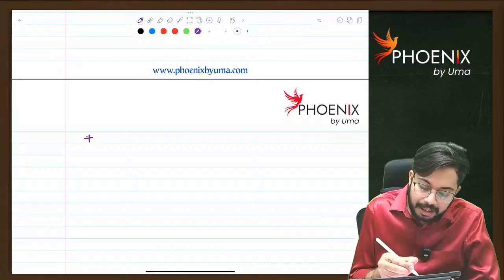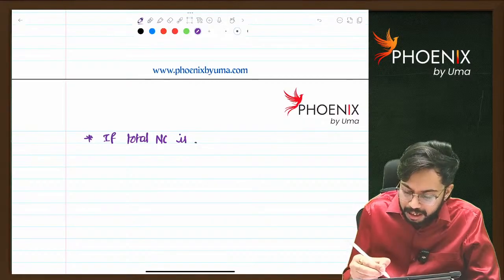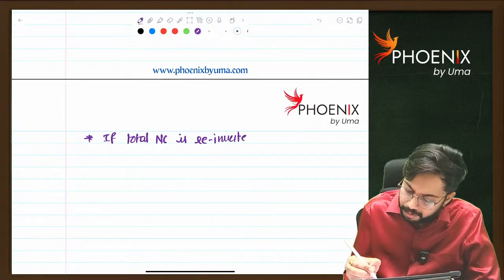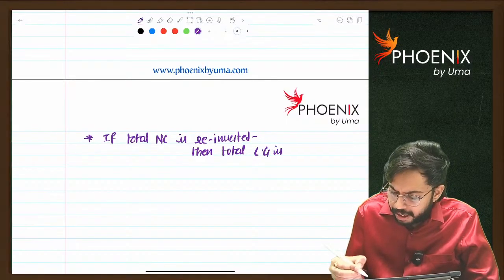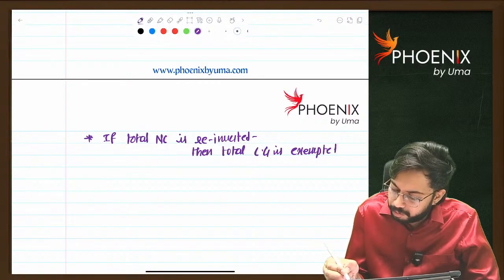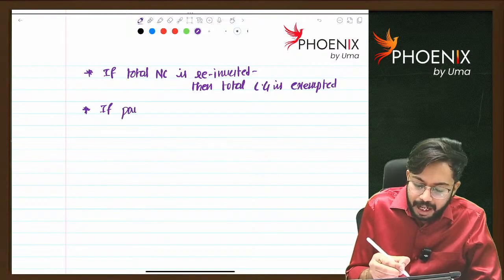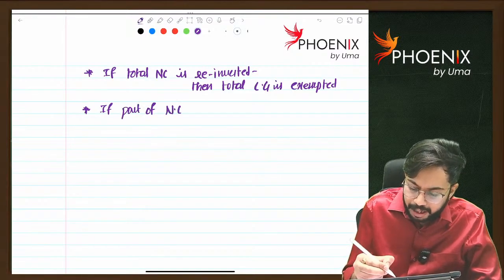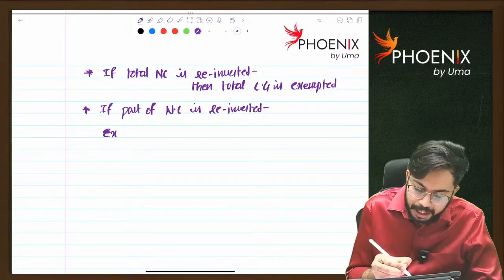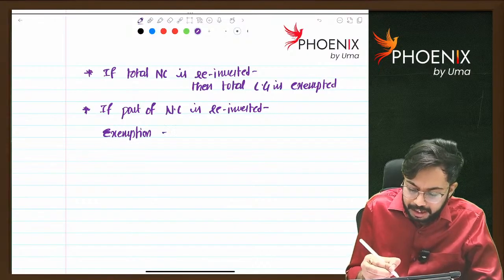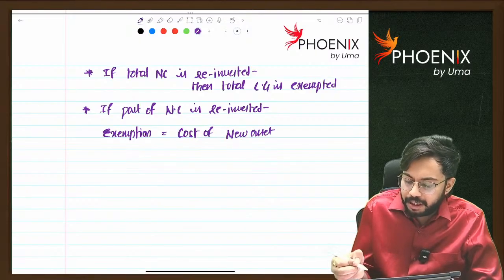Okay, the formula is: if total net consideration is reinvested, then total capital gain is exempted. If part of net consideration is reinvested, then exemption is equal to cost of new asset minus cost of old asset.